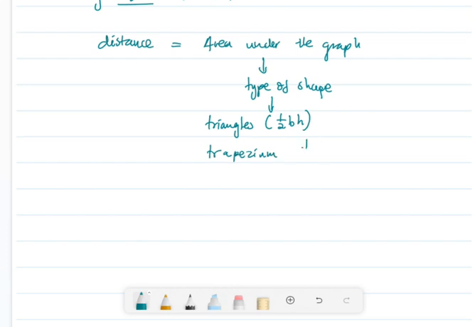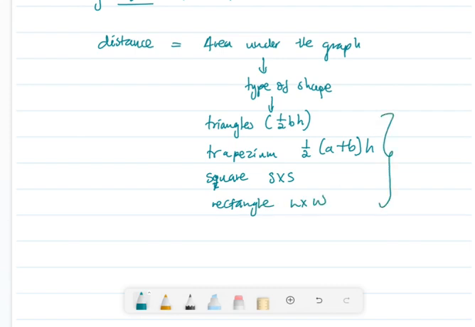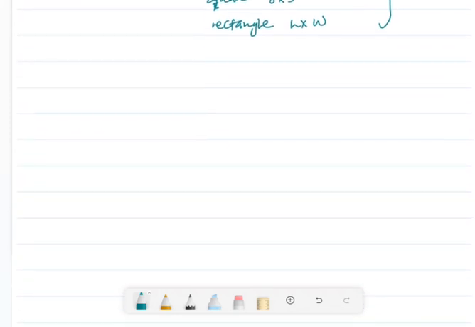We have trapezium. The trapezium mostly is half A plus B times the height. And of course, you have a square, which is side times side, and a rectangle, which is length times width.